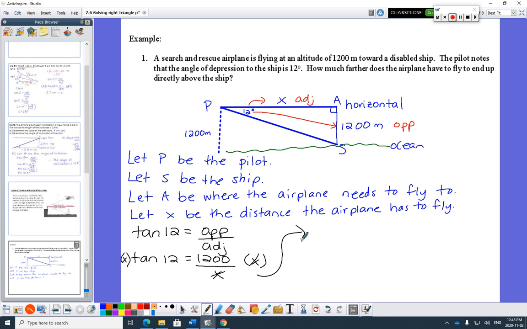So again, you can decide. Actually, I'm going to rewrite this. Do you want to make tan 12 a number? Sure, let's do it. I'm just going to keep 4 decimal places, but again, it doesn't really say, so it doesn't really matter. Okay, now we have a number with x, which is multiply, so you have to divide.